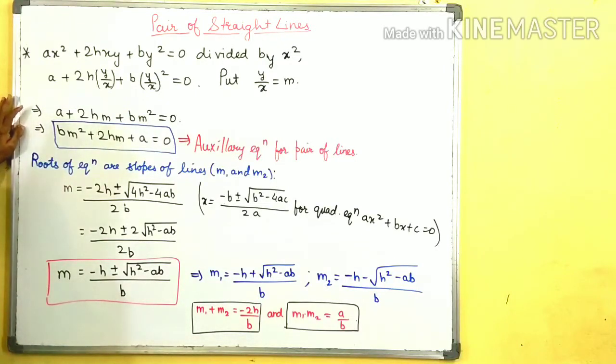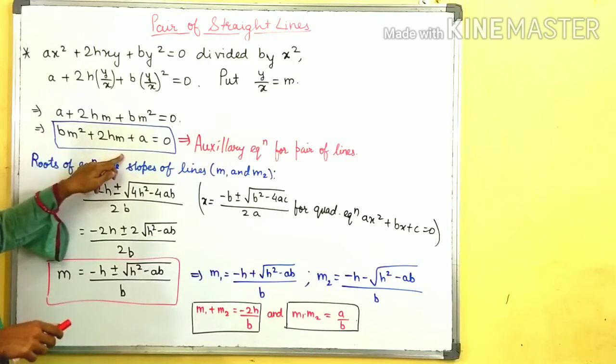So this is your first main topic, where the standard equation is converted into the auxiliary equation of a pair of lines. This is a main topic for your MCQ type questions.